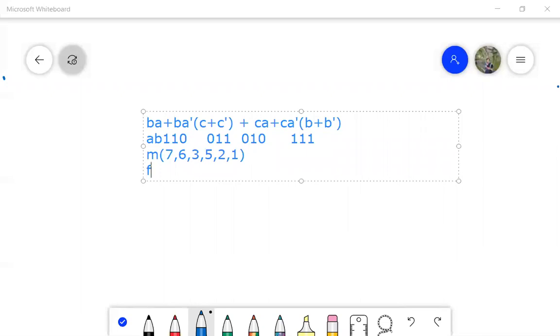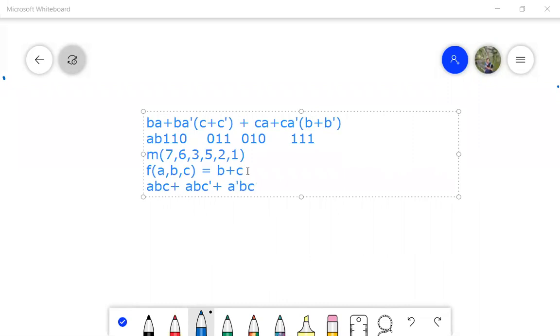So if I write it once again, f of A, B, C is equal to B plus C. The canonical notation will be equal to ABC plus ABC bar plus A bar BC plus A bar BC bar plus ABC plus AB bar C plus A bar BC plus A bar B bar C. You have to solve it parallelly, then only you will understand.